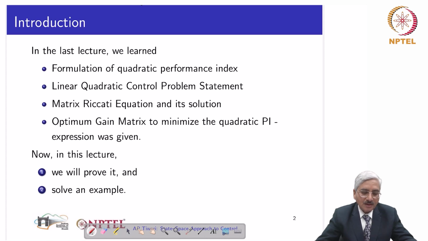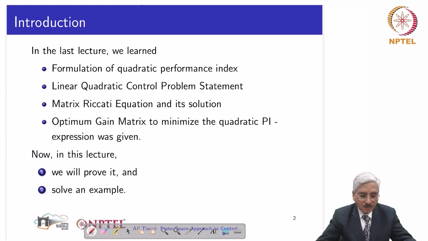So in the last part of the lecture, we learned the formulation of the quadratic performance index. We made a statement of the linear quadratic control problem. We derived the matrix Riccati equation and its solution.